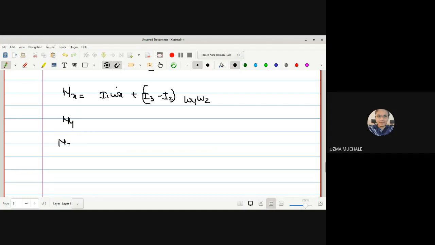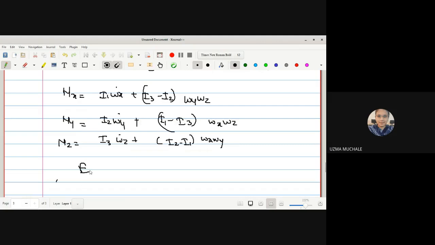Ny is I2 omega y dot plus I1 minus I3 omega x omega z. Nz is I3 omega z dot plus I2 minus I1 omega x omega y. These are our required equations of motion, or we can say the required Euler's equations of motion.